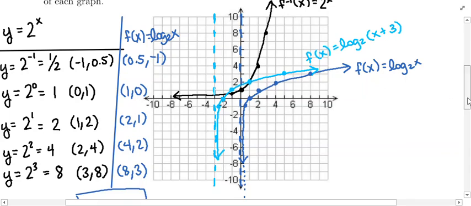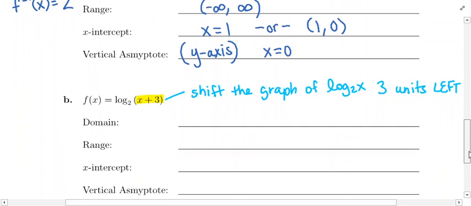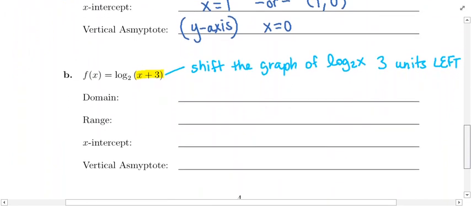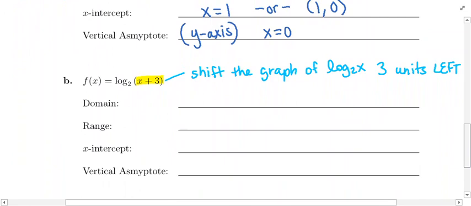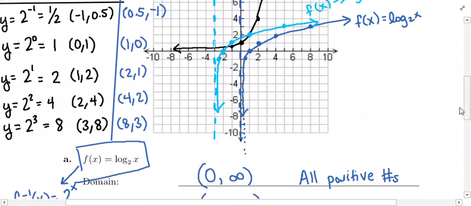Now we're going to go to the bottom and write down the attributes of this graph. So what about the domain? The domain has definitely changed, because the whole graph shifted horizontally. Where does your graph start? Well, the vertical asymptote goes through x equals negative 3.